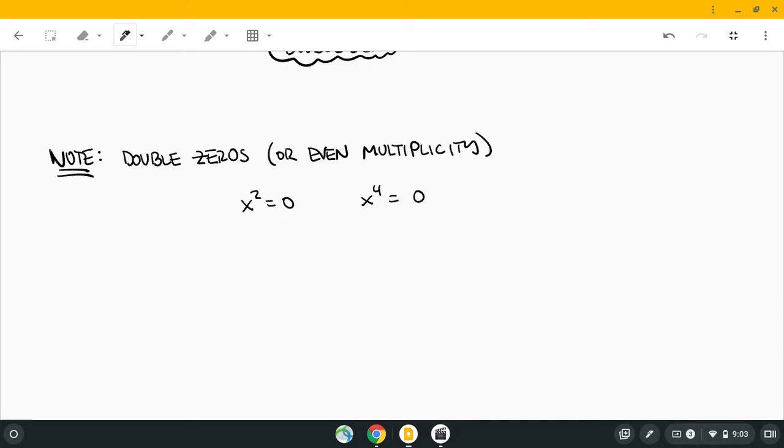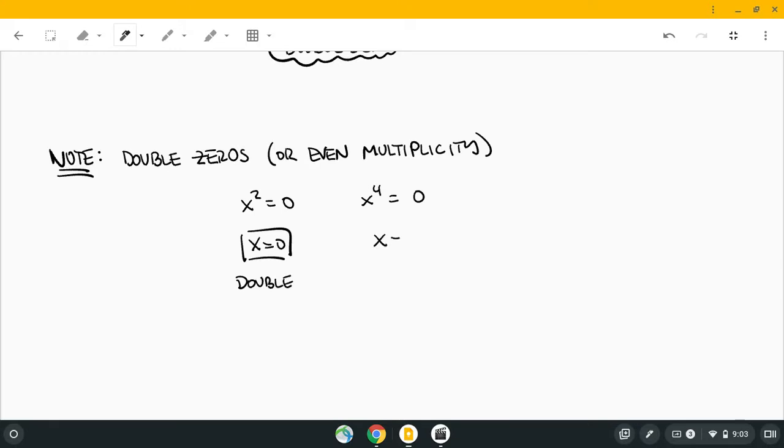If you have double zeros, or even multiplicity, whether you have x squared or x to the 4th, at x equals 0, this is a double zero.